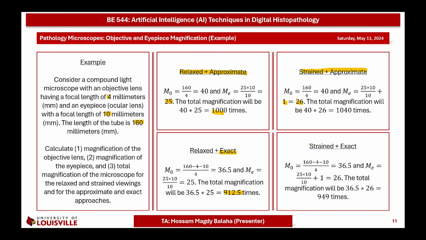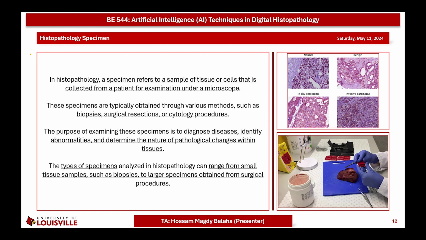And if we are going to use the exact formula with the strained calculation of ME, we will just add +1, and the magnification will reduce from 1040 to 949. However, all of these 4 values are close to 1000 times magnification, so it does not matter now whether we use approximate or exact approaches.